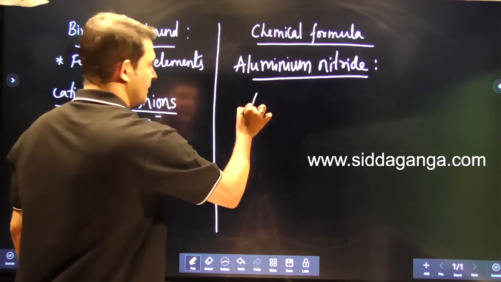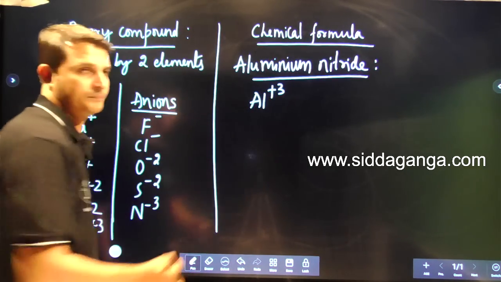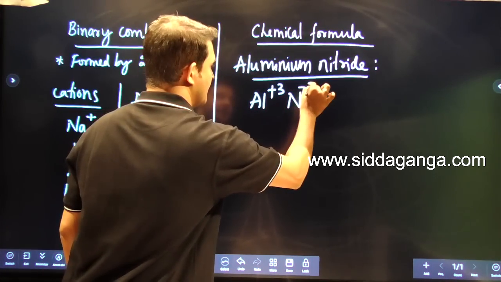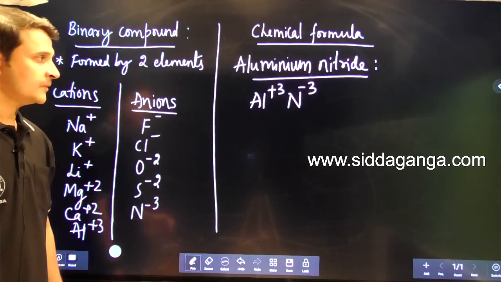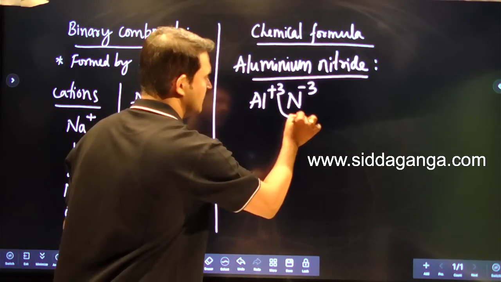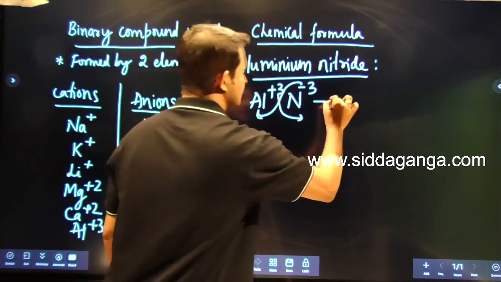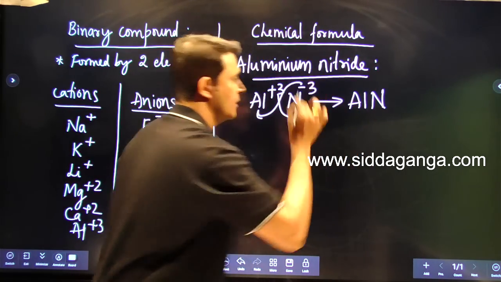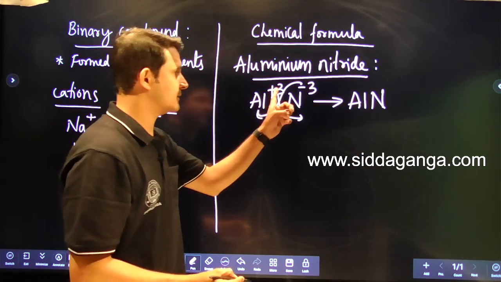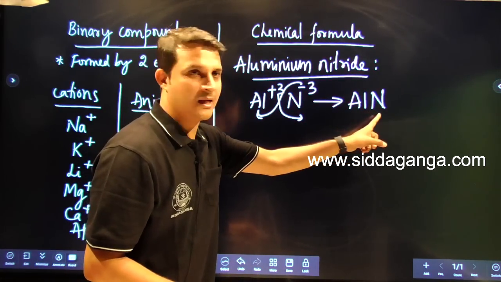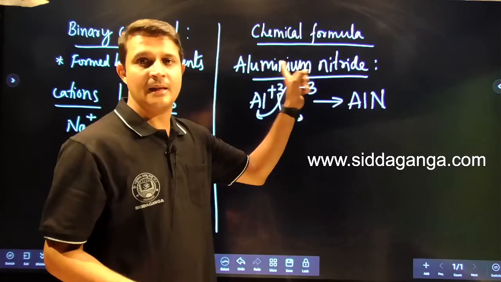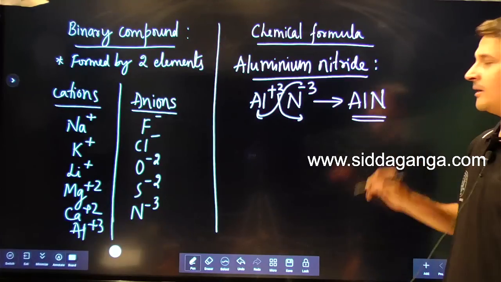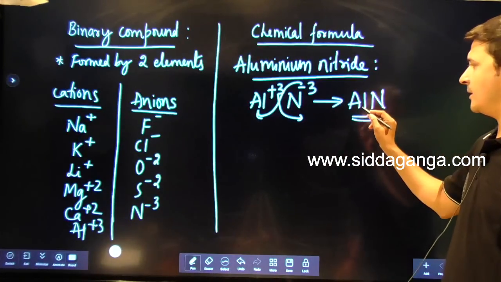Aluminium is Al plus 3. Nitride is N minus 3. So both valencies are the same, forming the compound AlN. We can cancel 3 and 3 to form AlN as aluminium nitride. The chemical formula of aluminium nitride is AlN.